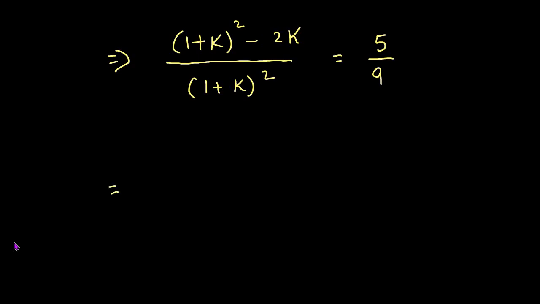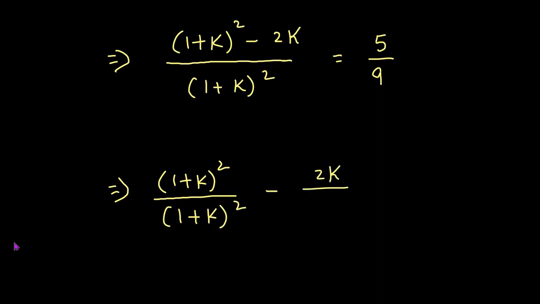Next, we can separate the values and write (1 + k)²/(1 + k)² − 2k/(1 + k)² = 5/9.